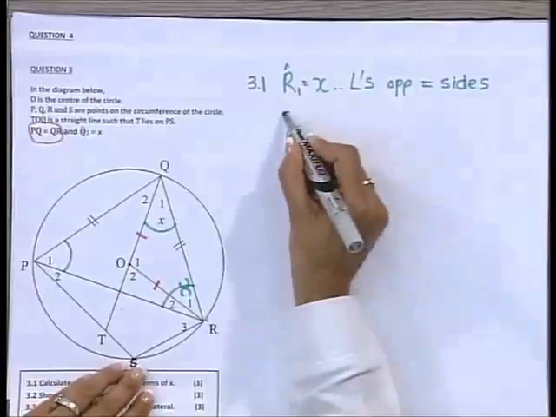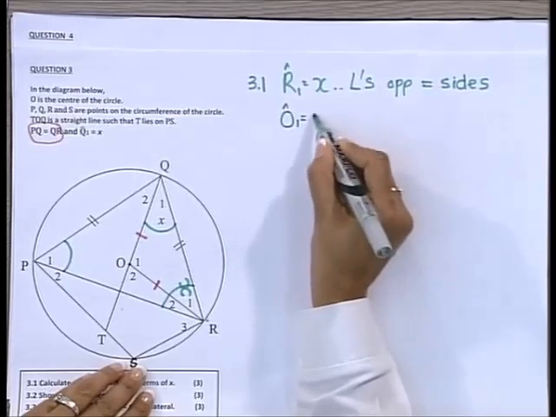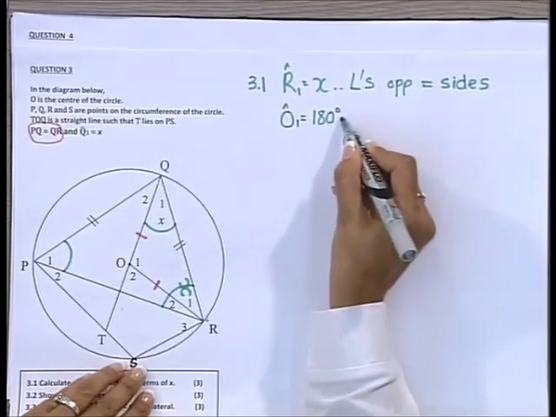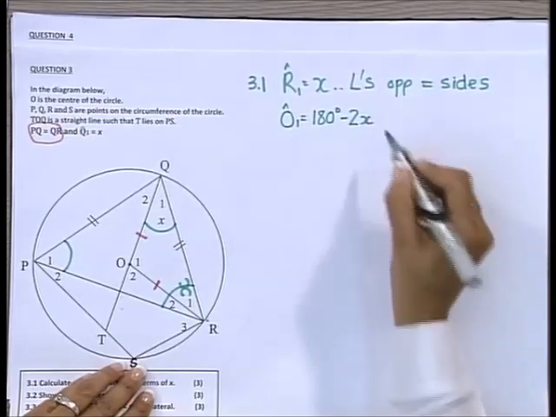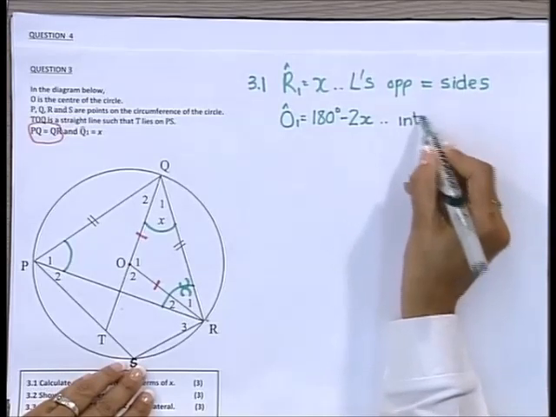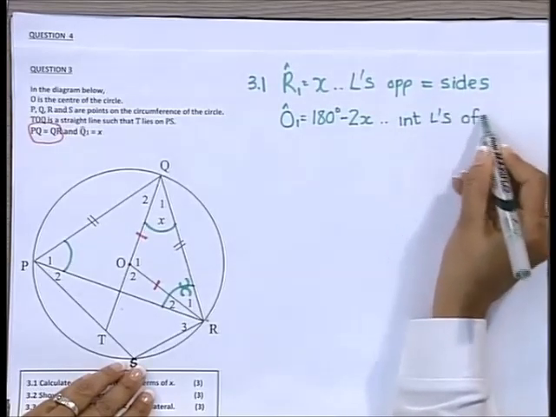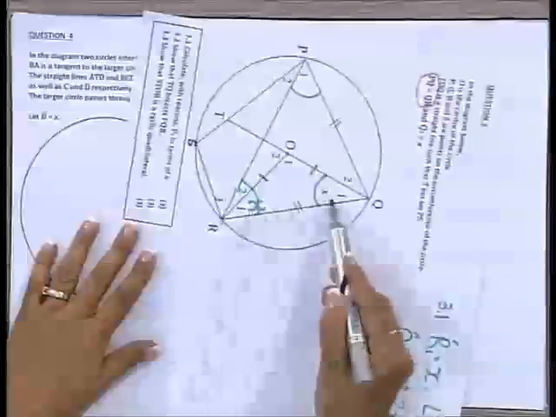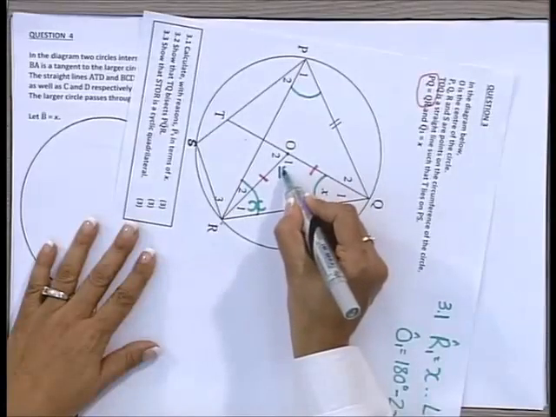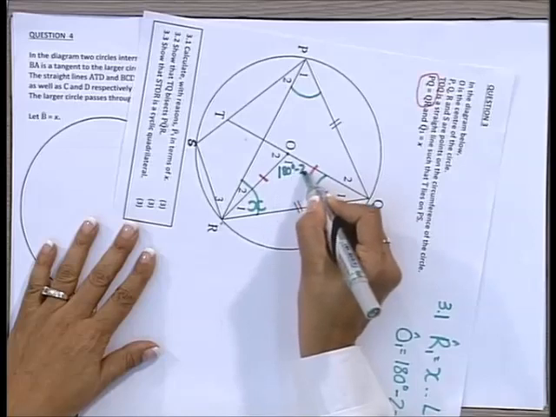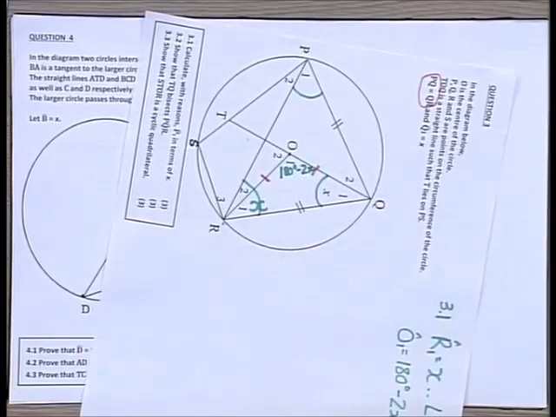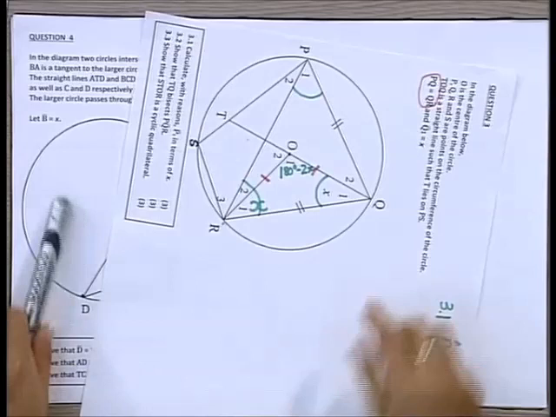I then said that angle O1 is 180 degrees minus 2x, because I use the interior angles of a triangle. Do you agree with me, grade 12s? This is x and this is x, which makes this 180 minus 2x. Now, I hope you see what I see.